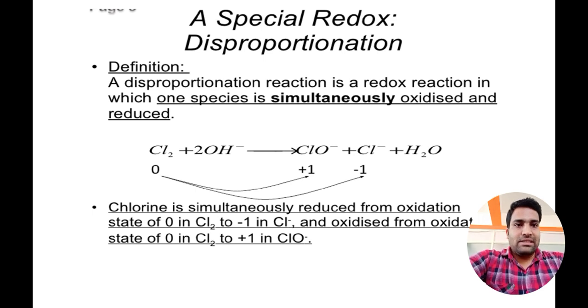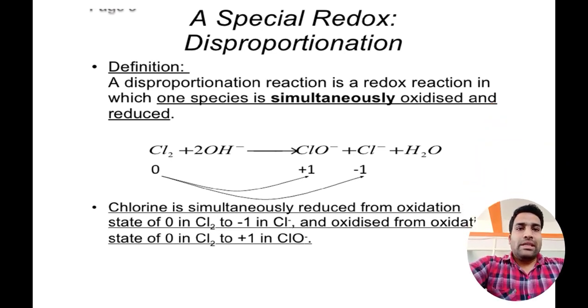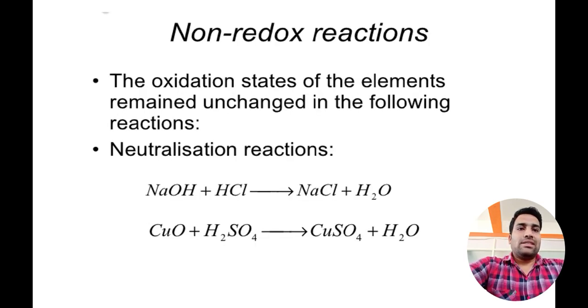That is, chlorine is simultaneously reduced from oxidation state of 0 in Cl2 to minus 1 in Cl minus, and oxidized from oxidation state of 0 in Cl2 to plus 1 in ClO minus. That means one element itself undergoes both oxidation and reduction, and it has different oxidation states. This type of redox reaction is called a disproportionation reaction.